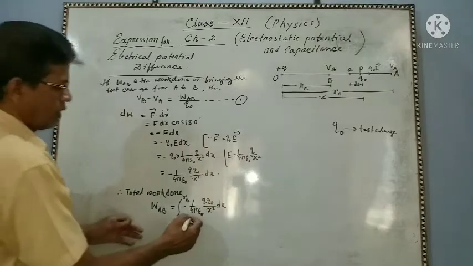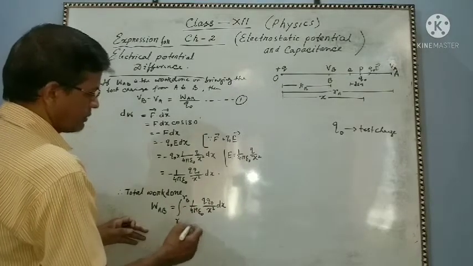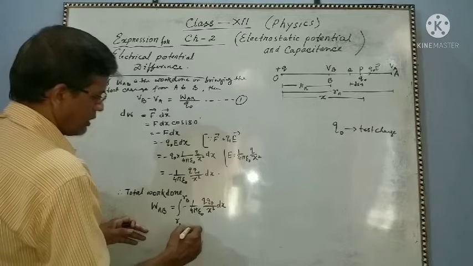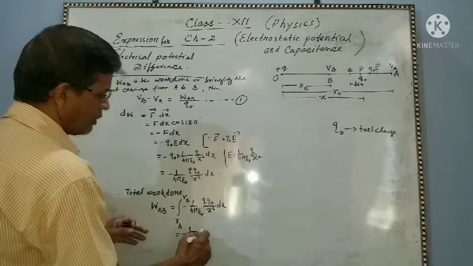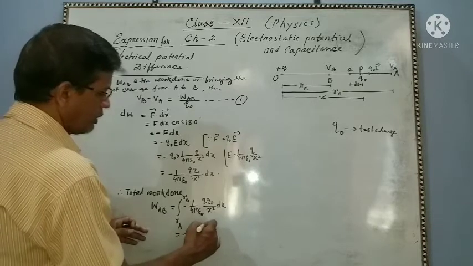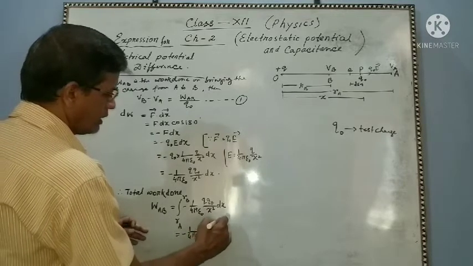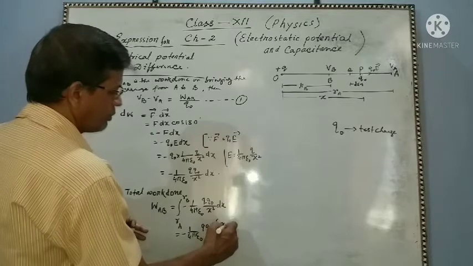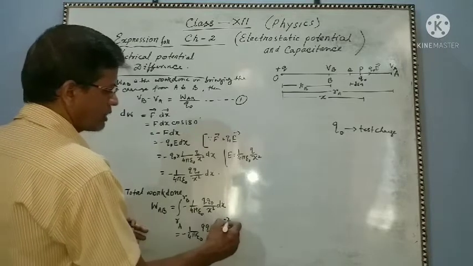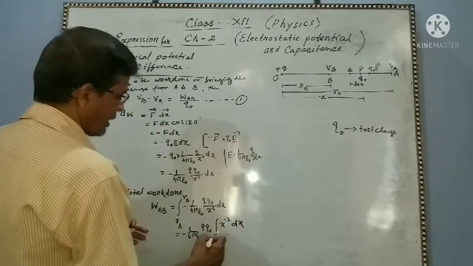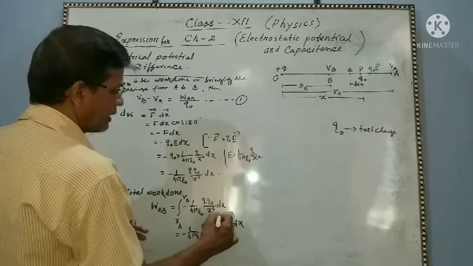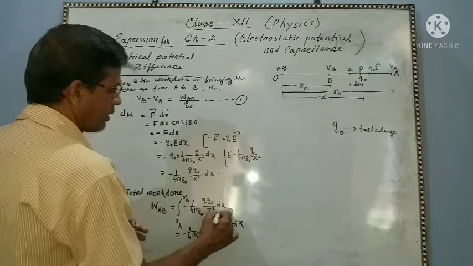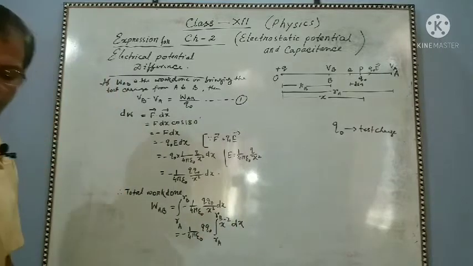Take the constants common: minus 1 by 4 pi epsilon naught Q naught, integration of x to the power minus 2 dx, from RA to RB. Clear?